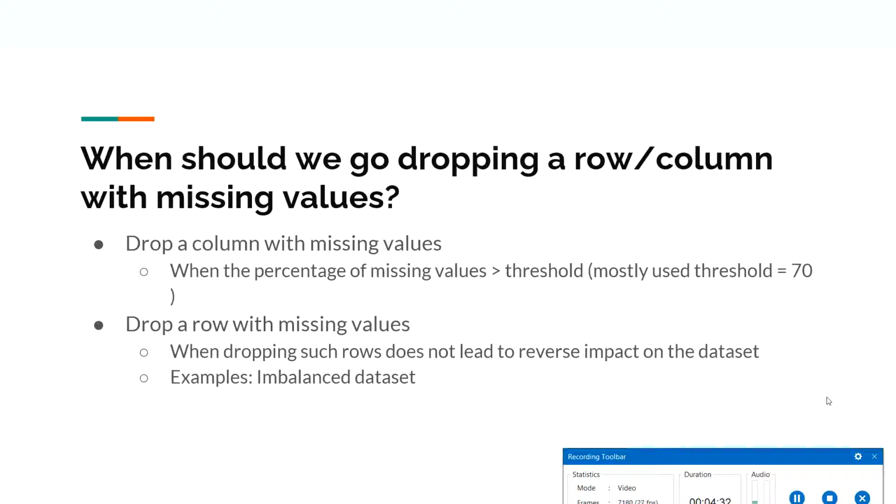For example, if you blindly pick the columns or the rows where you have missing values and drop them, most of the time you will actually be losing data. Maybe you'll be losing a part of the data, or maybe the most crucial part of the data.